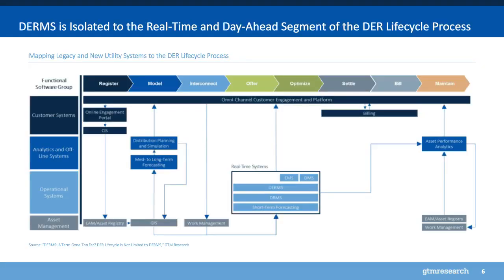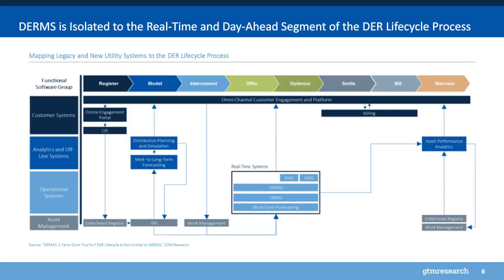What you'll see here, obviously a little small, is that many systems are part of the DER lifecycle process. On the planning side, you have registration, modeling, and interconnection efforts, which include several different utility systems, from customer information systems to work management platforms, to ensure interconnections are done in a safe and reliable way.